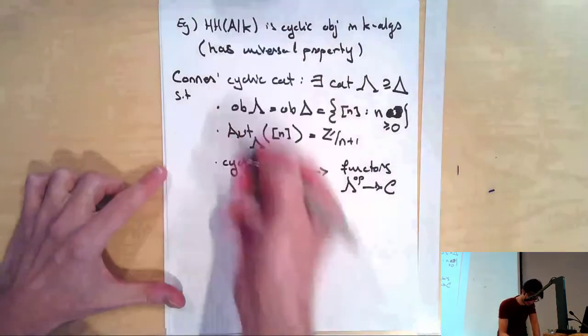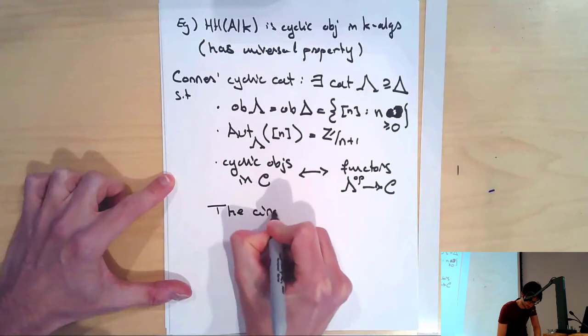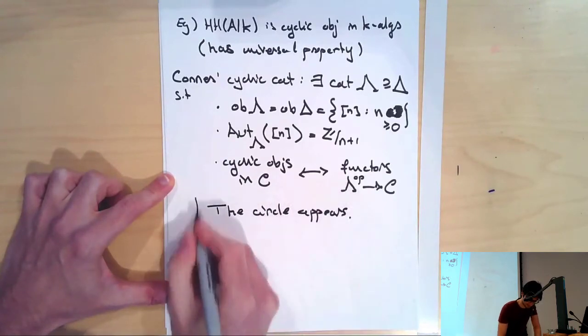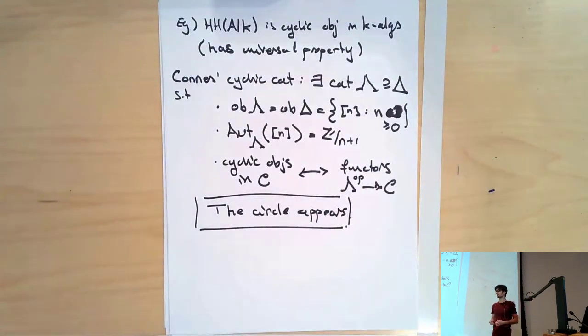And this is what we're going to use to make, let me box this, the circle appears. That's what's going to happen now, thanks to the existence of this cyclic category.